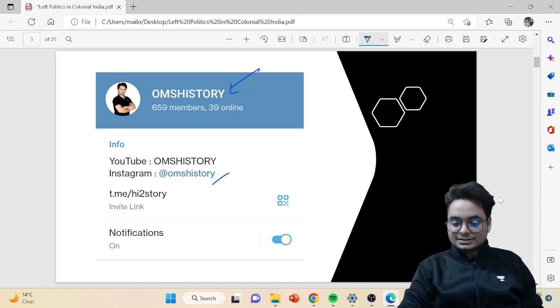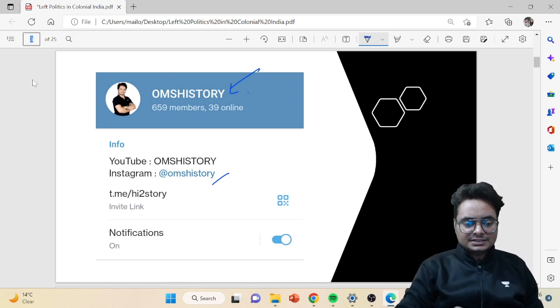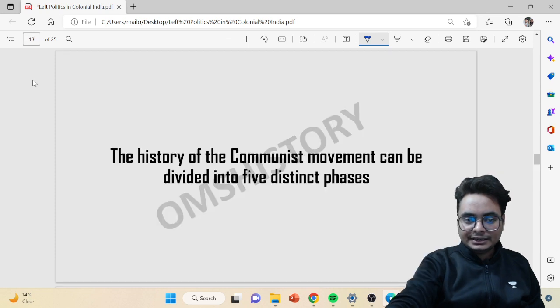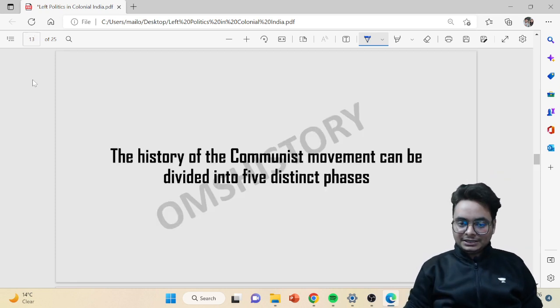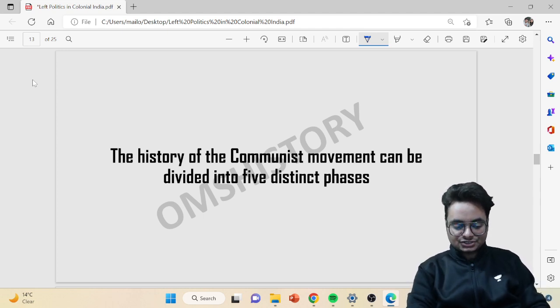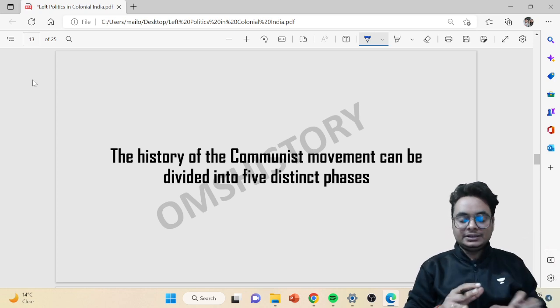Now let's start our discussion. So in the last class, we were basically talking about how the Communist Party of India took shape in India, and how that Communist Party of India, with the help of different sections of leaders who were influenced by the communist ideology, they joined this communist movement in India.